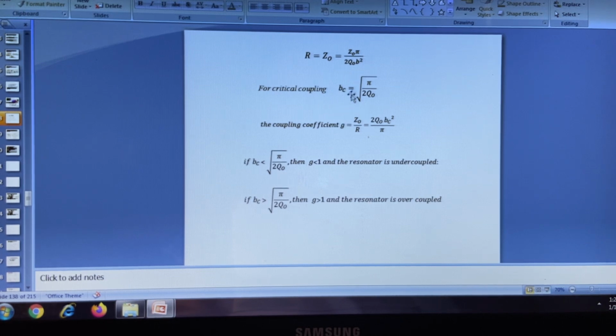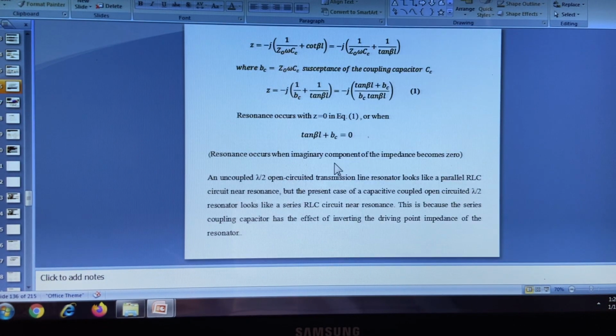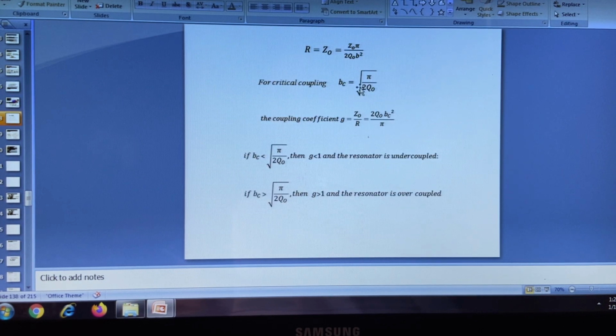For critical coupling, BC means it is 1 over Z0 omega Cc. You can call it the coupling capacitor susceptance here, Z0 omega Cc. So that BC must be equal to this value. The coupling capacitor value we can find for critical coupling using this equation.